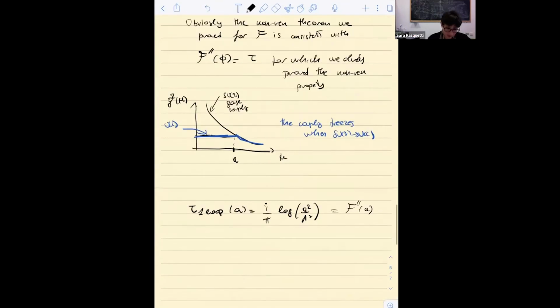Whereas here I wrote this. This will be the running that we wrote in the previous lecture.